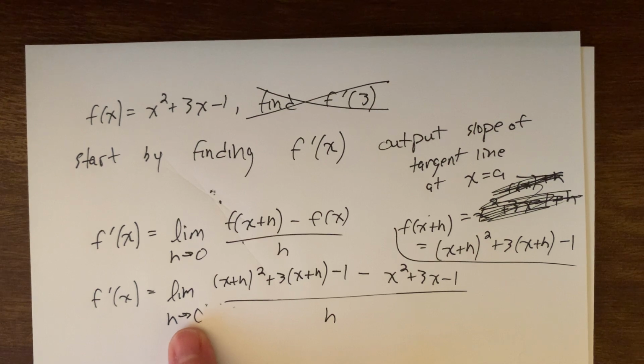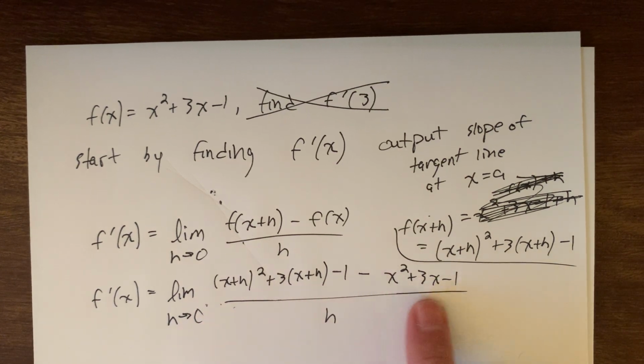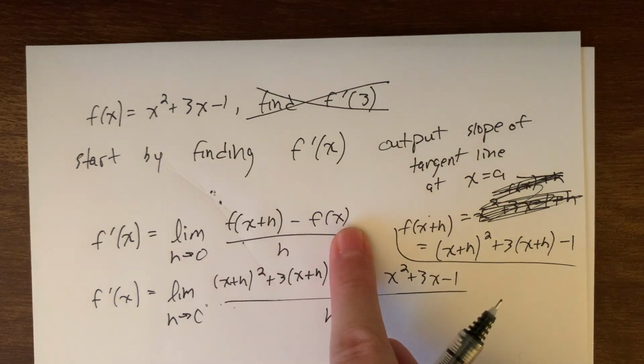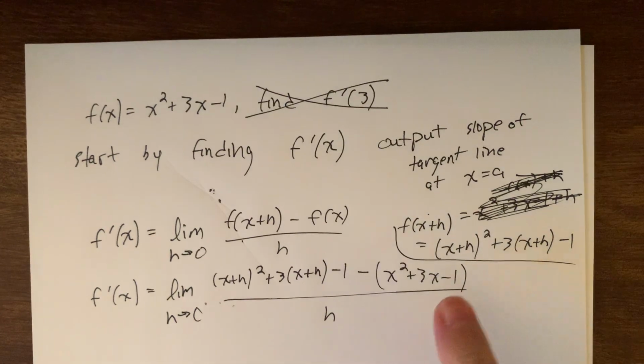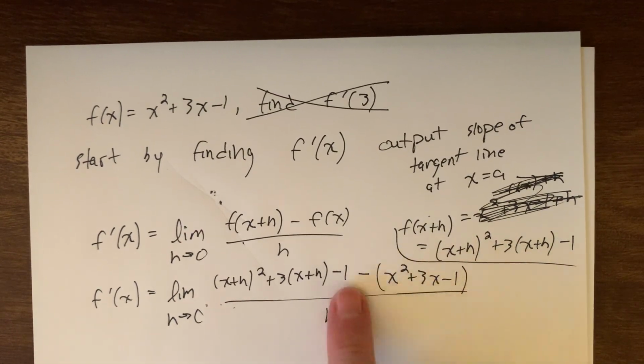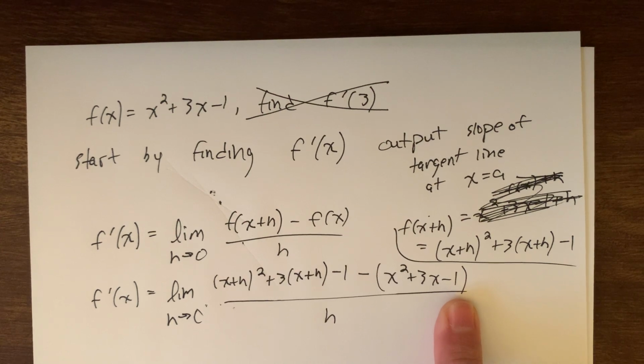Do you notice I actually have a small mistake right now? Here's a second common mistake with the definition of the derivative. Particularly when our functions have more than one term, we have to realize this minus f is minus the entire function f. So if there's more than one term, that set of parentheses is going to be necessary.